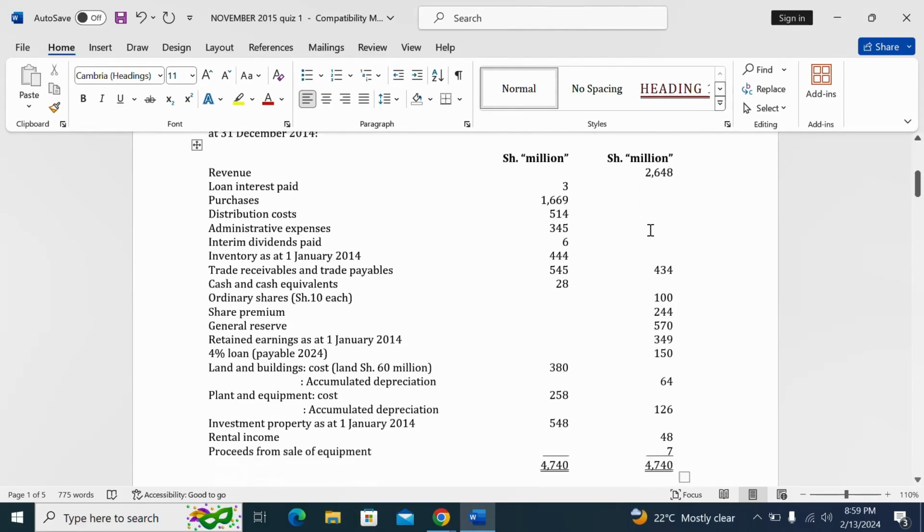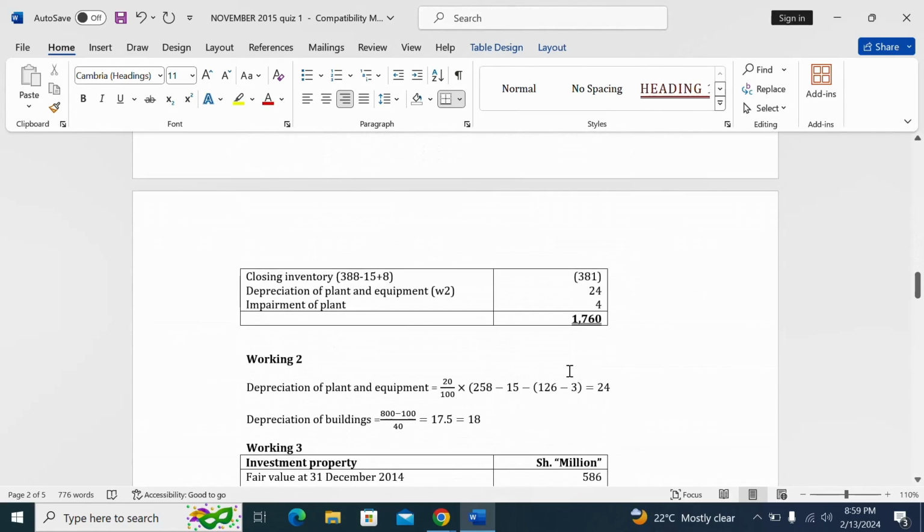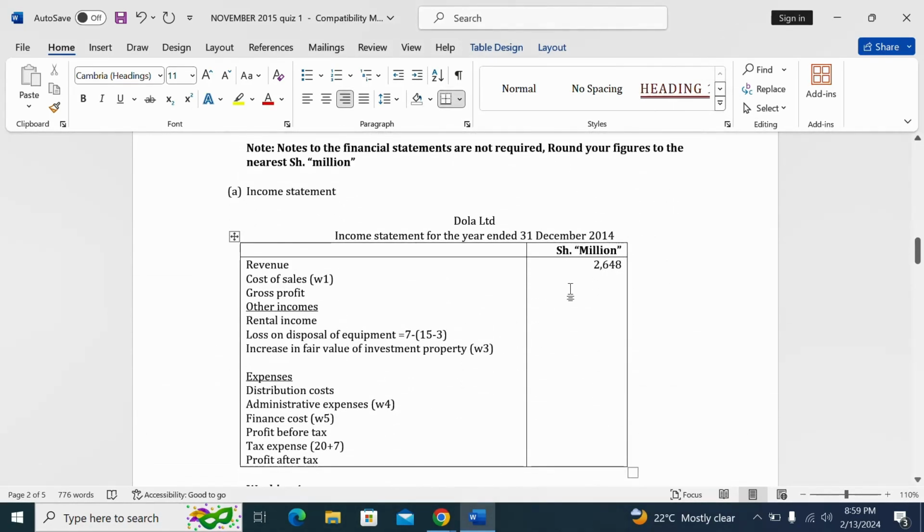Revenue is 2648. Our cost of sale is 1760.